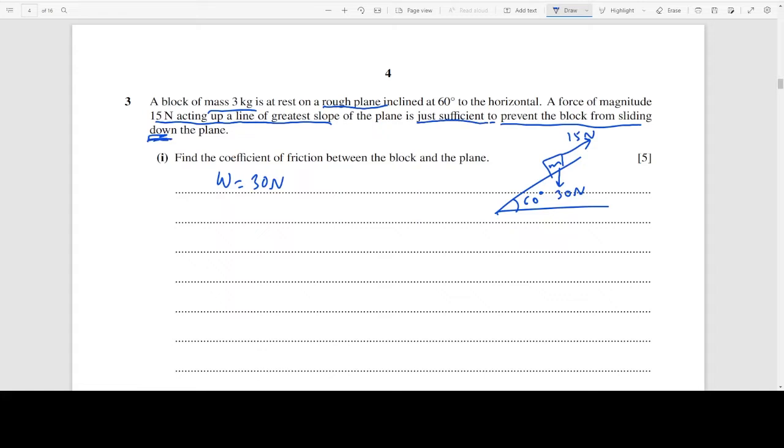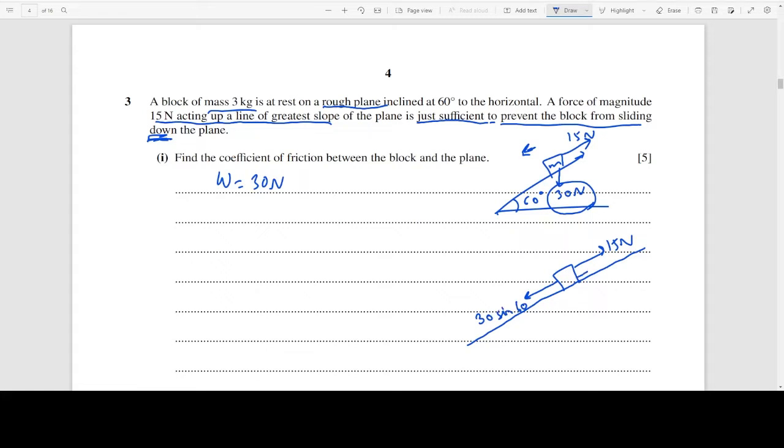So if the block is about to slide down, frictional force, which opposes this downward motion, will act upwards. So actually this is the 15 Newton force. We'll resolve the weight component first. Down the slope we get 30 sine 60, and as I said, the friction will oppose the downward motion.